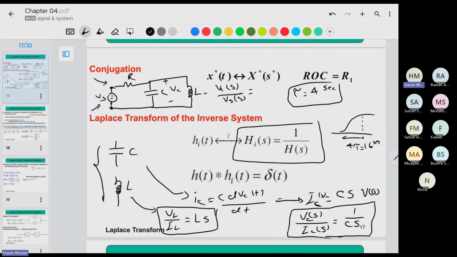Suppose L is 1, C is 1, and R is 1. Right now, I'm changing the output from the capacitor output to the inductor current. Now, your transfer function should be IL(s) over V(s).